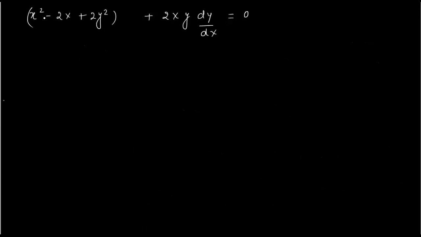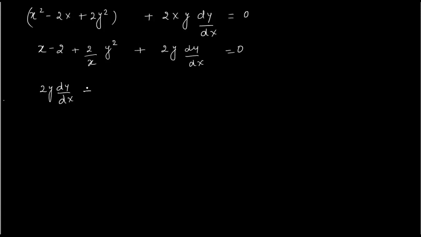So if we divide everything by x, we get x minus 2 plus 2 over x times y square plus this is simply 2y dy over dx. This equation can be rewritten as 2y dy over dx plus 2 over x times y square equal to 2 minus x.